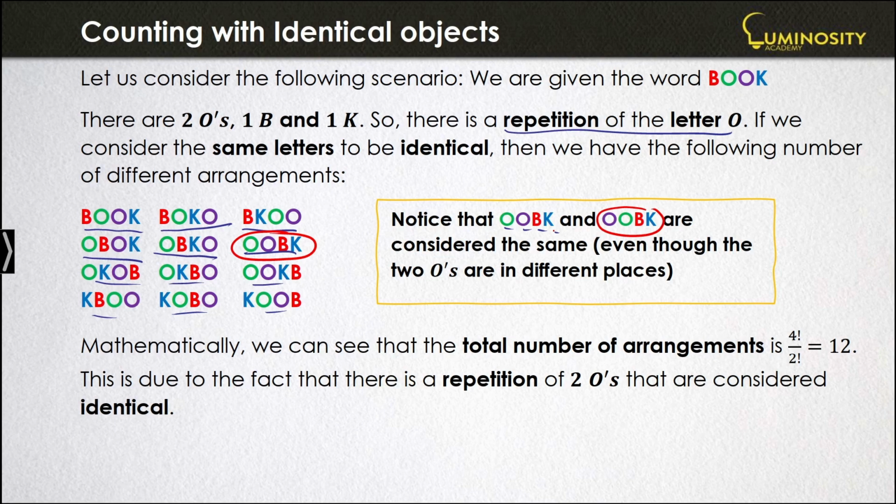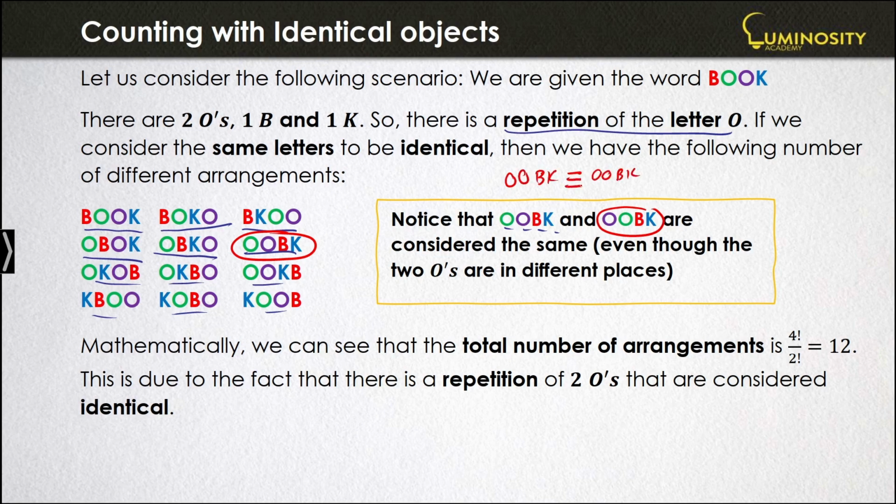We consider those 2 O's in those 2 different places to be the same identical letter, so these are considered the same object, so we don't count it twice. Even though I've colored the letters differently, it's just to illustrate that you could swap the 2 O's around but still end up with the same word.